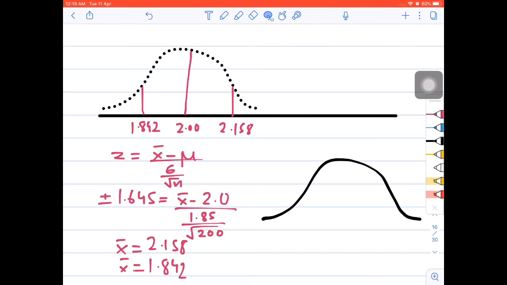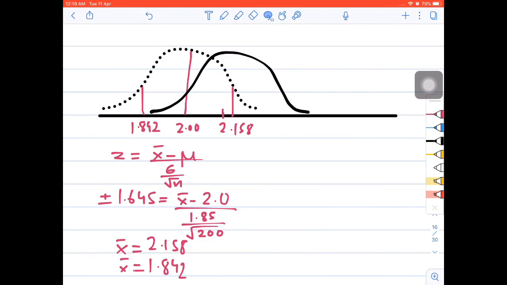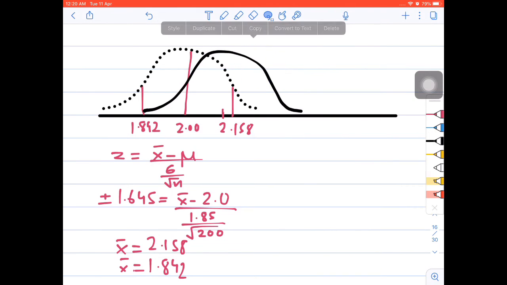Yeah, so this was the initial graph with mean 2.0. However, now we found that the actual mean was 2.12. It was shifted towards the right. So the actual mean was somewhere over, let's say here, 2.12. So the new graph will be somewhat like this, with the mean, I'll draw it with yellow, as 2.12.